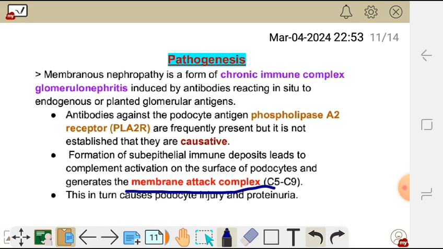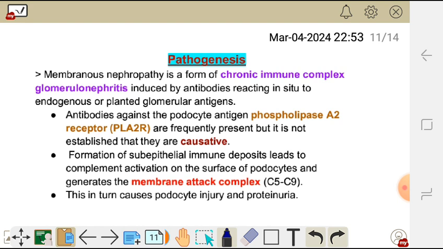So this membrane attack complex will be formed, and that will also lead to destruction of the membrane. Okay, destruction of formation of complexes in the basement membrane of the glomerulus.